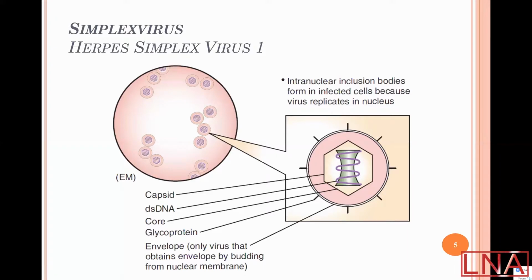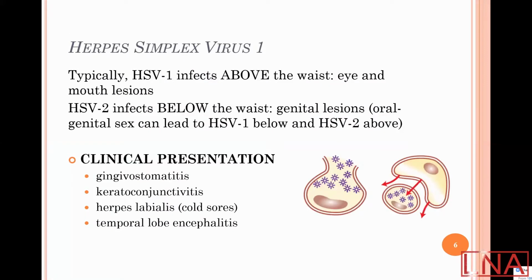Primary enveloped viruses take the cytoplasmic membrane on their surface, but this virus takes the nuclear membrane. We also see intranuclear inclusion bodies in infected cells because the virus replicates in the nucleus, and it's a cytolytic virus, so it destroys the cell.